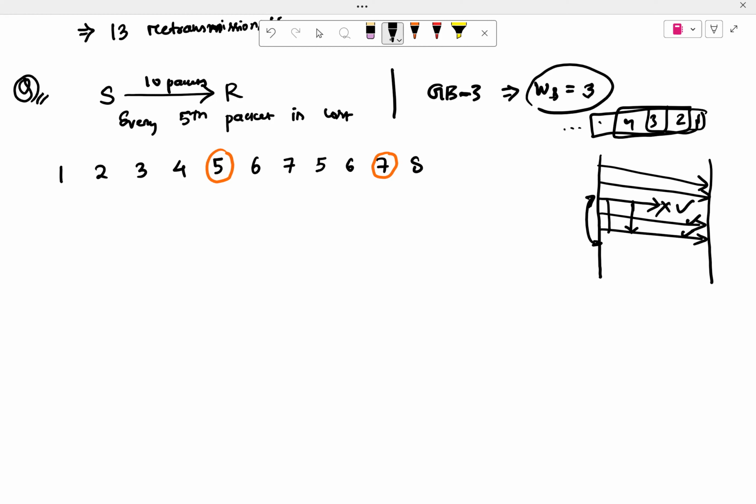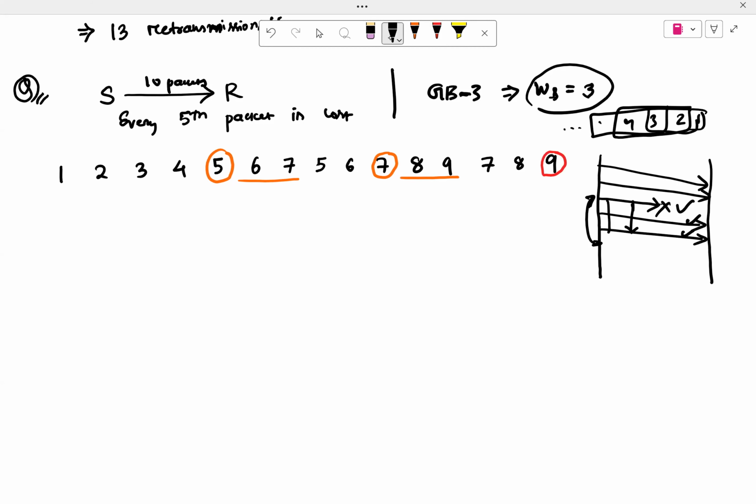So you'll keep sending 8 and 9. Once you complete the window, you have to resend all these things again, like you have to send 7, 8, 9. And 9 is the fifth packet.